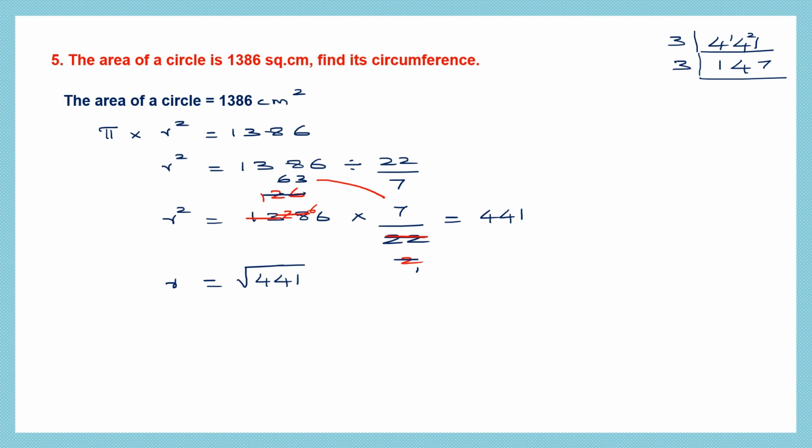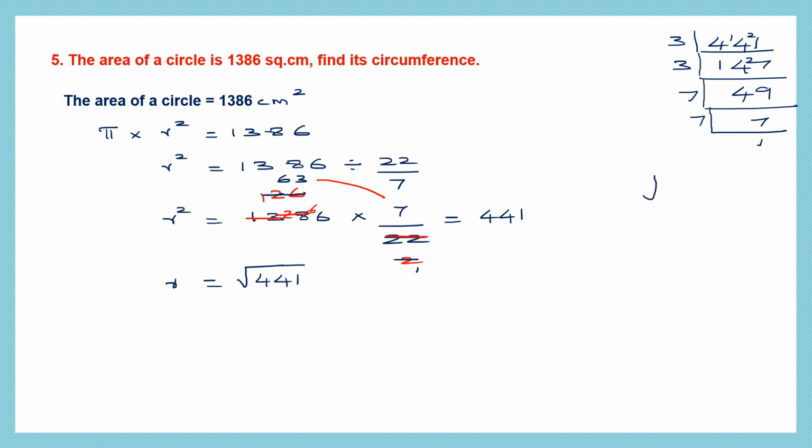So 14 we have, 3 fours are 12, there's 2 left, 27, 3 nines are 27. Now 49 is divisible by 7. 7 sevens are 49 and 7 ones are 7.